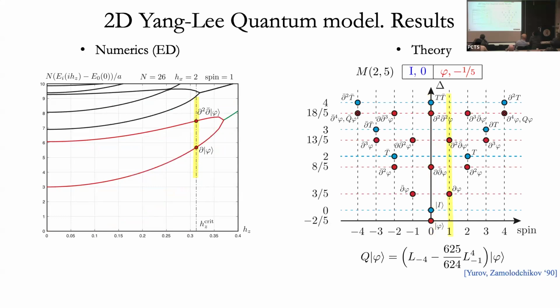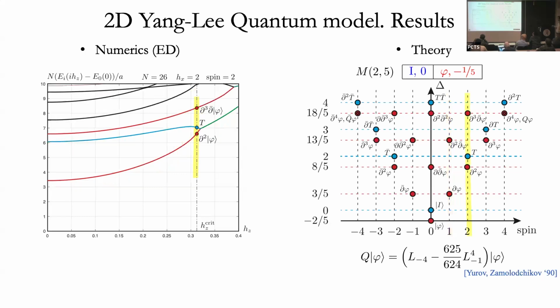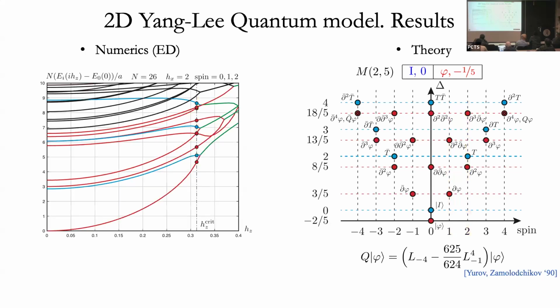Levels will merge at some point. Some levels merge earlier, some later, but most of them will merge at some point. We look for these levels at the thermodynamic critical point, following this method by von Gehlen. All the states agree nicely, so we have high precision in getting these anomalous dimensions numerically.